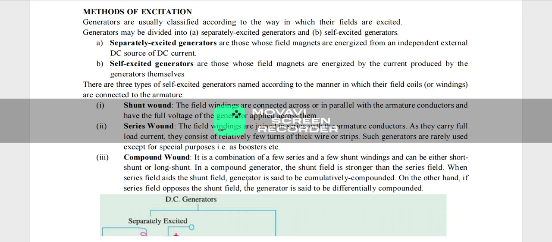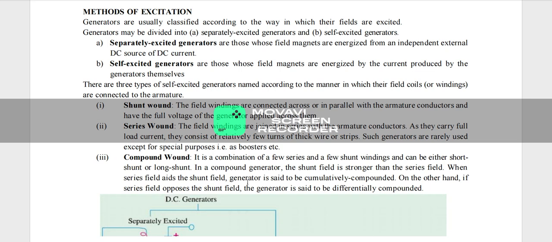Separately excited DC generators are those whose field magnets are energized from an independent external DC source of DC current. That is, we are supplying an additional independent external DC source. Especially, we will be providing a battery as an external DC source to these separately excited generators.